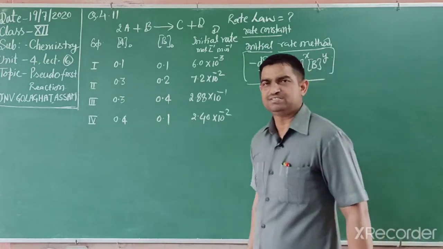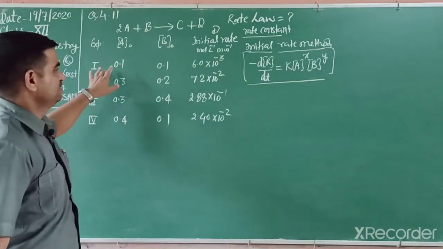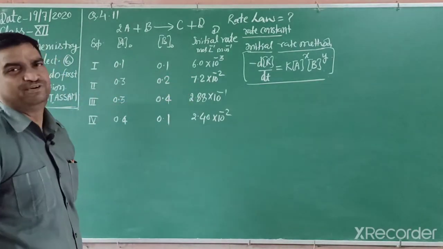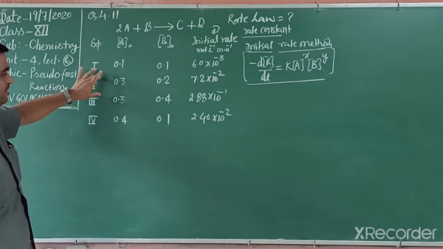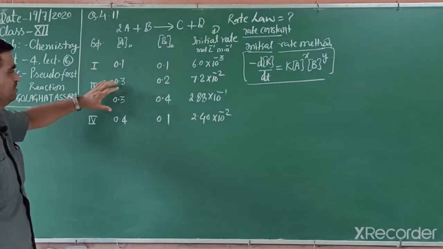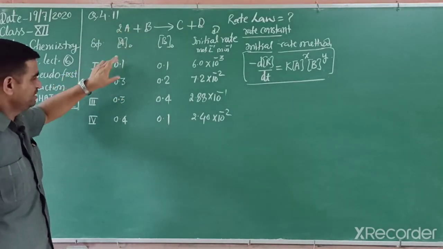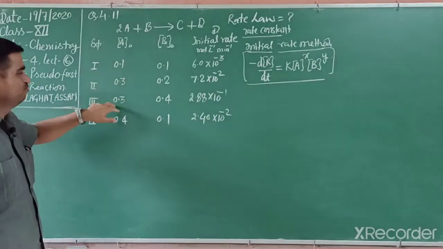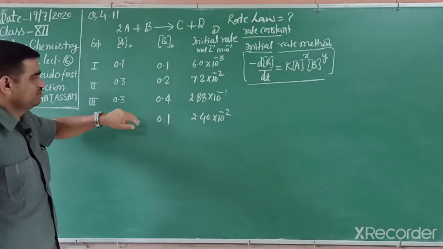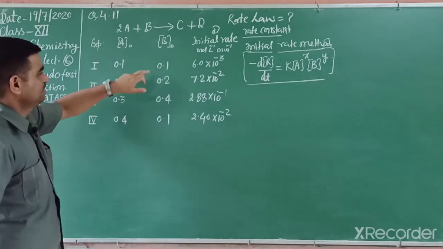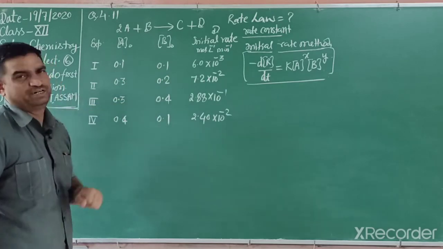And what data are given? We have 4 different experiments given. In these experiments, if we observe carefully, when we compare experiments 2 and 3, one reactant is the same. That is, the initial concentration of reactant A is 0.03 mole in both experiments. And in experiments 1 and 4, if you observe carefully, the concentration of reactant B is the same, 0.1, 0.1.